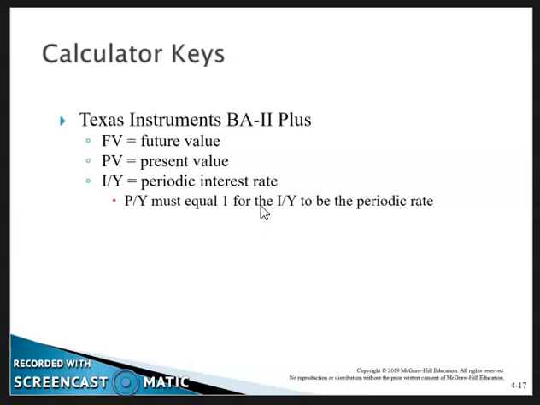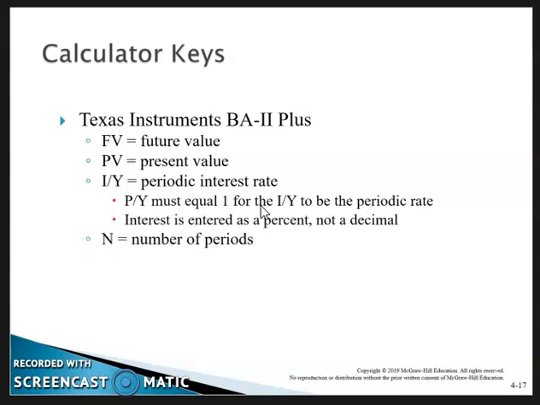You may see videos where people will set it to 1 or 2 for semiannuals. I find it easier to make those adjustments myself, and that's the way I will teach the course. Interest is entered as a percent, not a decimal.